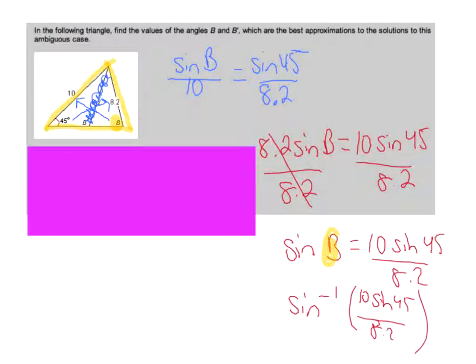So let's try, and let's see what you guys get. Because it's important to practice when you know what the right answer should be, so that way you know how to type it in correctly.